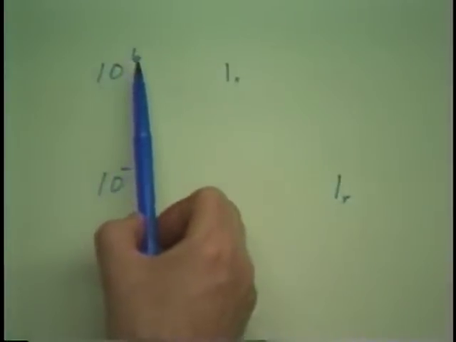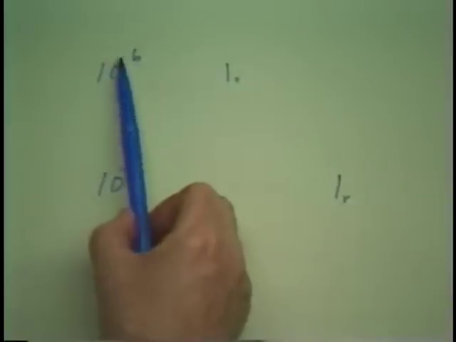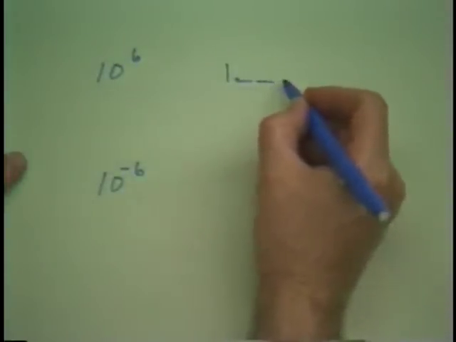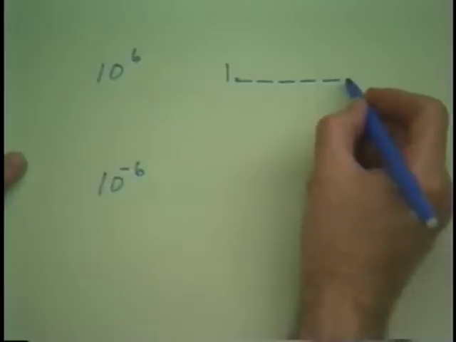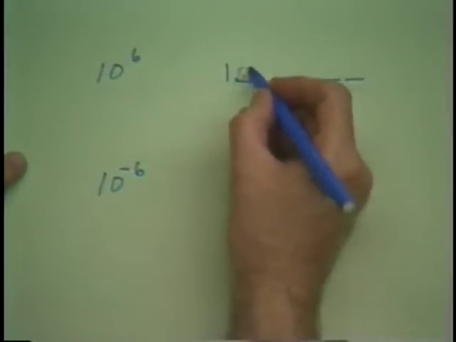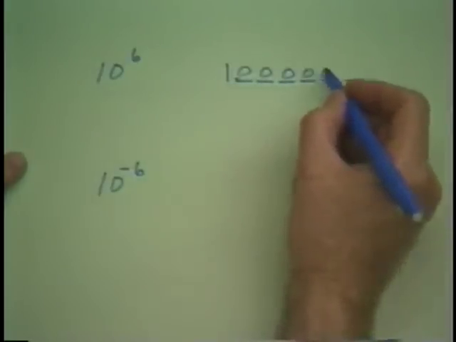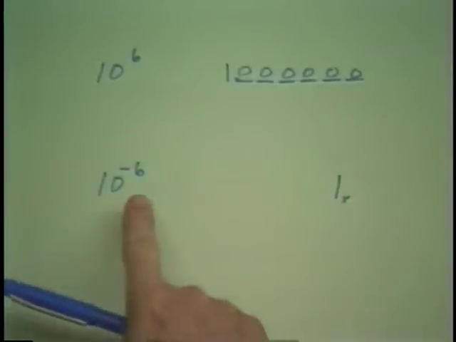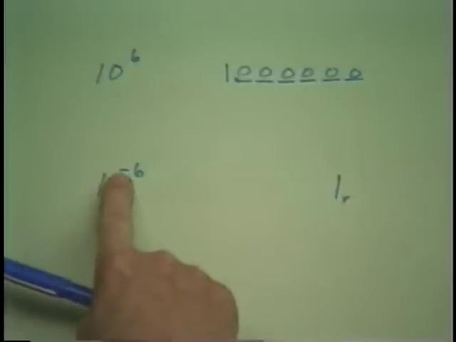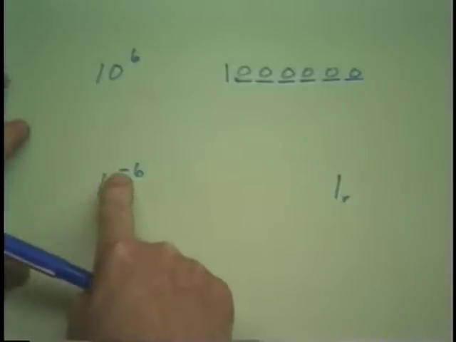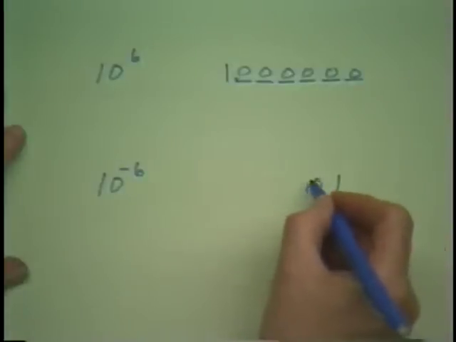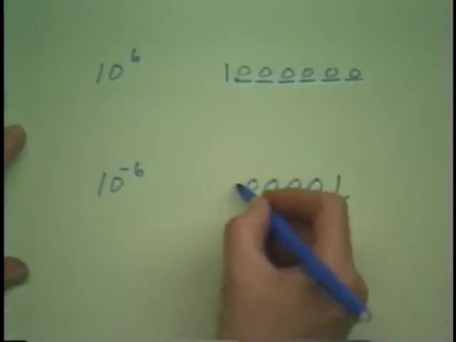If the power of 10 is positive, make this one larger by 6 places. And then, of course, as we create extra places, we use placeholder zeros. Now, let's again start with 1, but let's make it smaller. Let's interpret the negative that way, to make smaller by 6 places. So make smaller by 1 place, 2, 3, 4, 5, 6.